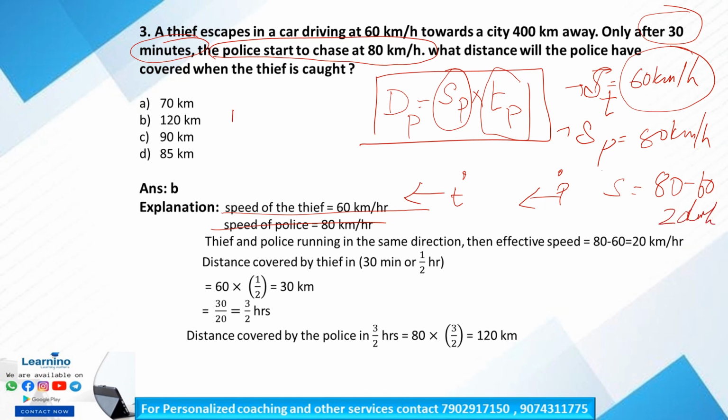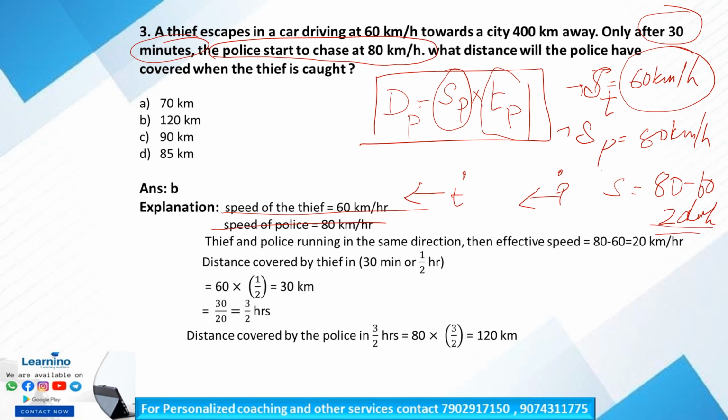If the thief and the policeman were running in opposite directions, the relative speed would be the addition of 80 and 60. In our case they are moving in the same direction, so the speeds should be subtracted. Is it clear? The relative speed is 80 minus 60, which is 20 kilometers per hour.